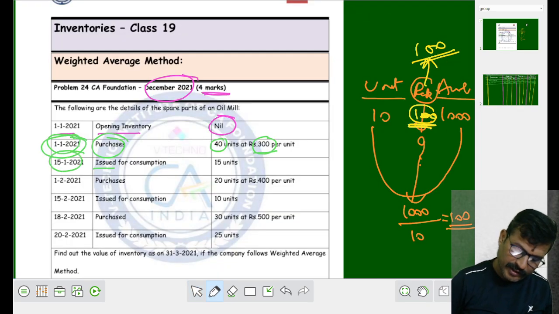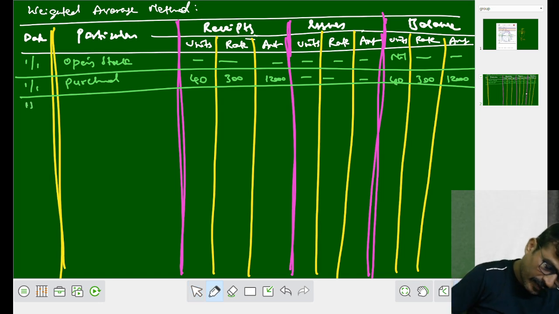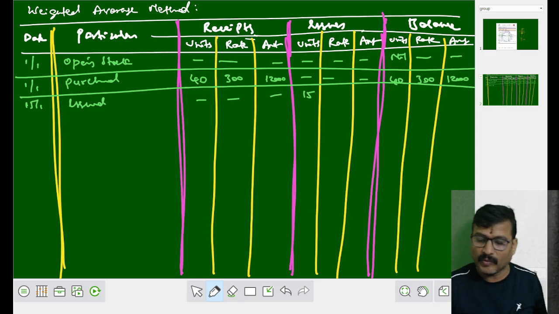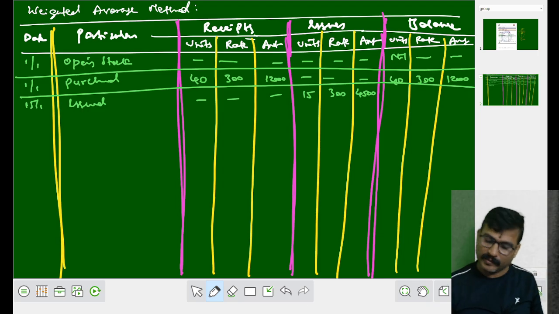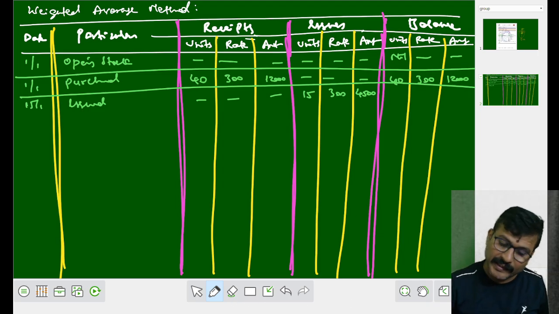On 15th January issued, how many units? 15. What is the rate? Same 300. 15 into 300, it comes to 4,500. Now, my dear student, listen.